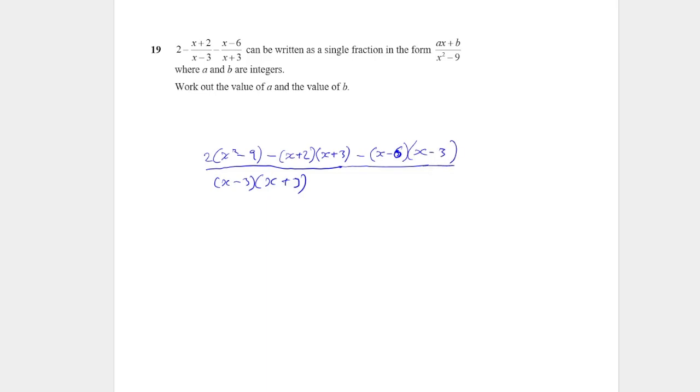Okay, so what I am going to do is I'm going to put the whole of this into a bracket and then change that to a plus for now. So that's going to give me 2x squared minus 18 minus, and then I can just multiply all of this out, not worry about the double negatives. So that is going to be x squared plus 5x plus 6. That's going to be x squared minus 9x plus 18.